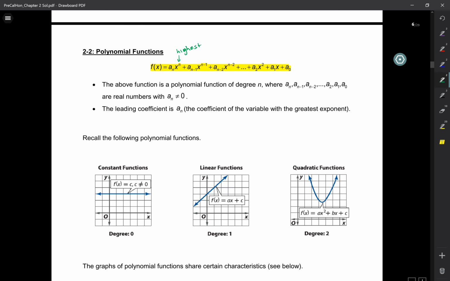If this is the degree, then the coefficient of the term that contains the highest exponent is called the leading coefficient. So the leading coefficient and the highest exponent are going to be pretty crucial in this.